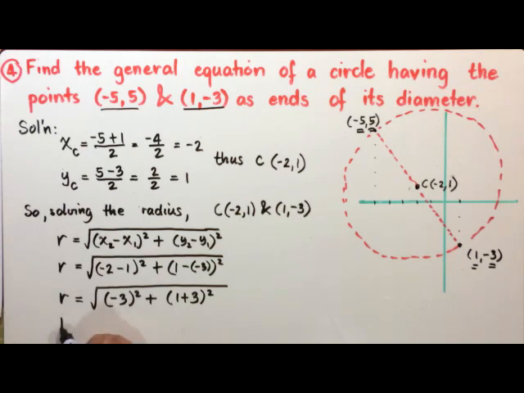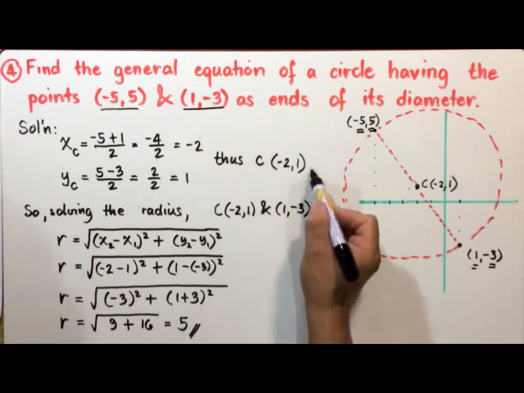Now -3 squared is 9, and 4 squared is 16. So the radius is the square root of 25, because 9 plus 16 is 25, and the square root is 5. So the radius is 5.